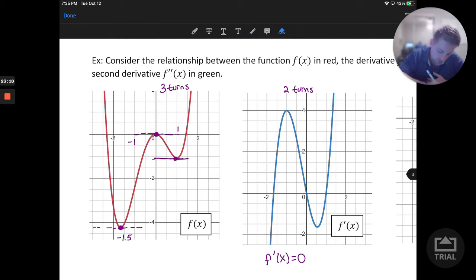So on this graph, we notice that we have one at x equals 1, at 0, and one at a little bit less than 1.5 or so. So at each of those 3 points, what we'll later call critical points, are representing the x-intercepts of the derivative, where the derivative is equal to 0.